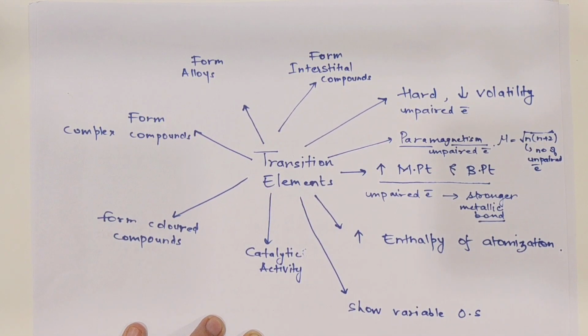But if the question is asked in the form of MCQs, for example, cobalt 2 plus has the magnetic moment of, and then 4 values are given to you. Now, how would you find out which option is correct without having to calculate?